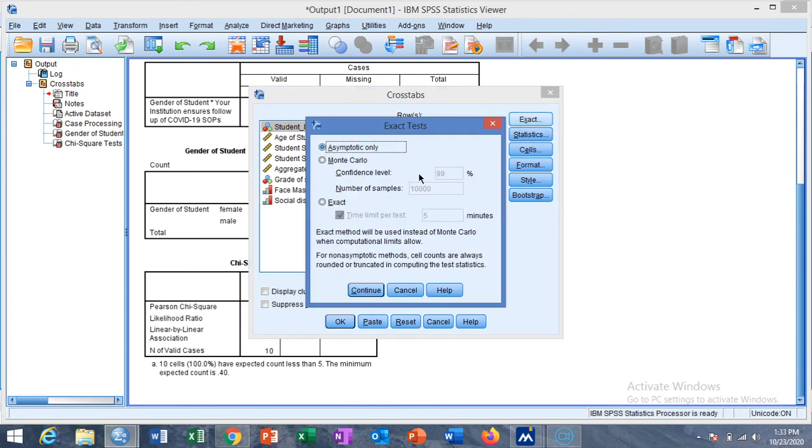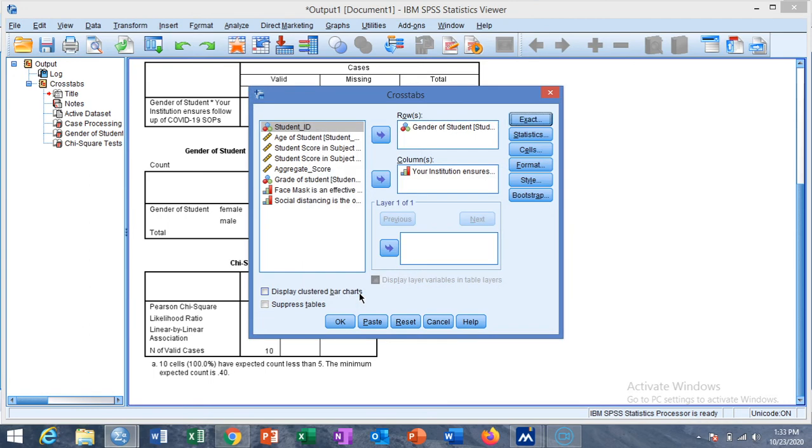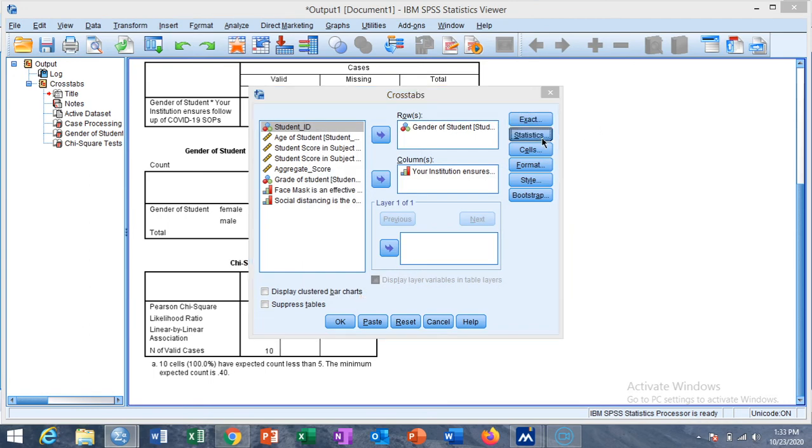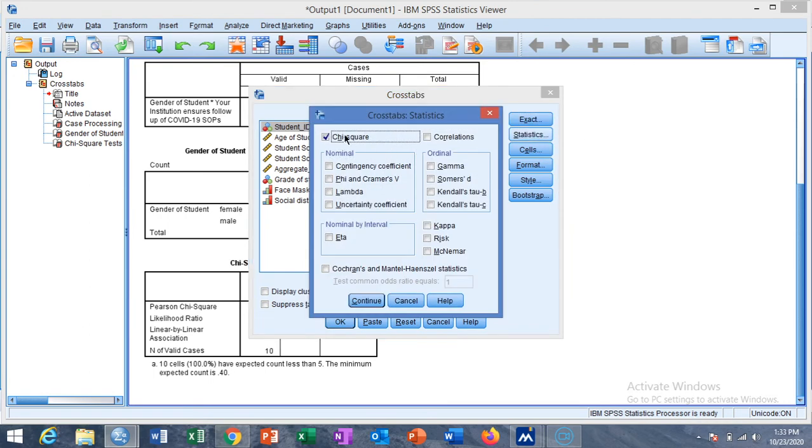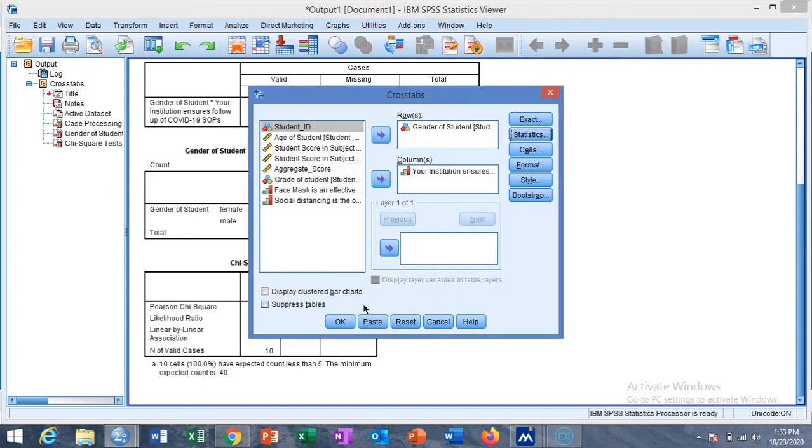Go to exact and tick on exact, then the time limit per test can be left as 5, and then click on continue. As statistic you will also obtain chi-square value, and then click on OK.